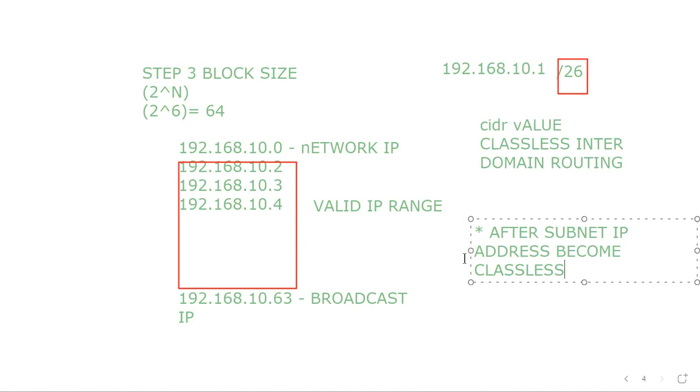Then let me give you a live example. Window R, ncpa.cpl. Go to any network properties, then go to IPv4. Let me put the value 192.168.10.1.